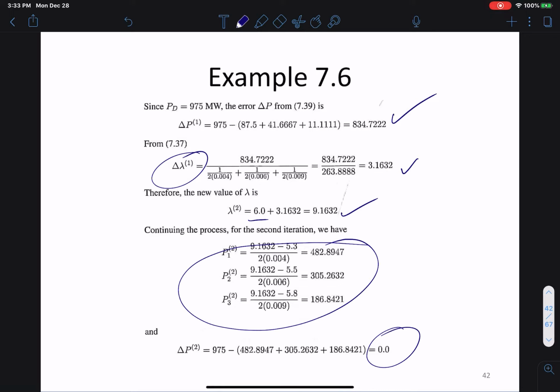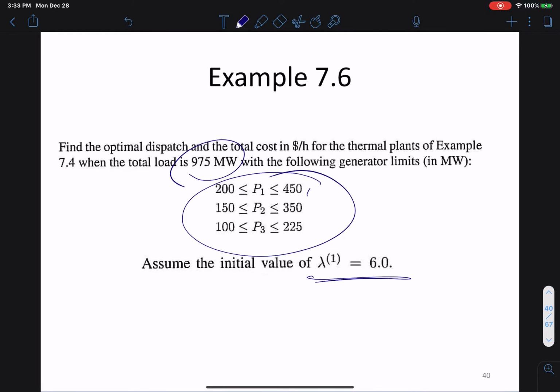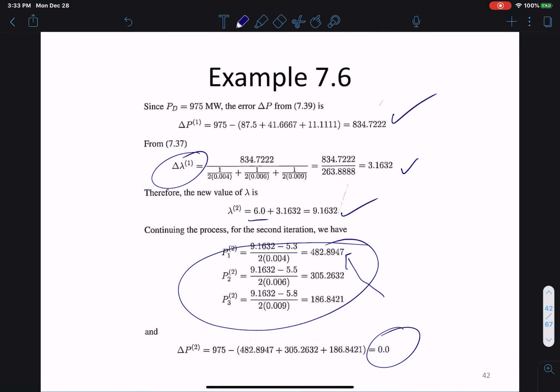But there's a problem here. Look at here, it's 482.89 megawatts. But remember that my power plant 1 cannot generate more than 450 megawatts, right? So I basically reached the limit here. I cannot go over 450, but I have 482 here.